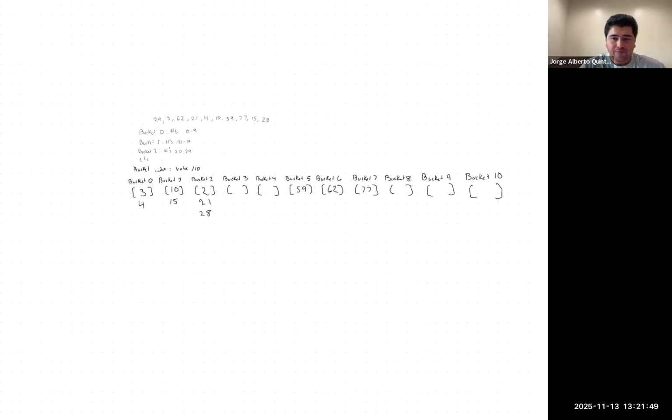Okay, so now that the buckets are full, we sort them. Insertion sort or a built-in function would do this automatically. But we would also need to sort the order in which the numbers are inside the bucket.